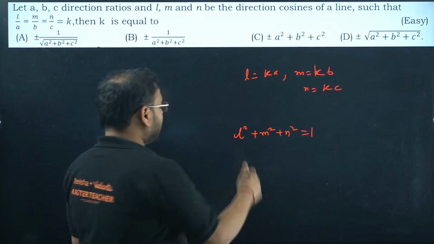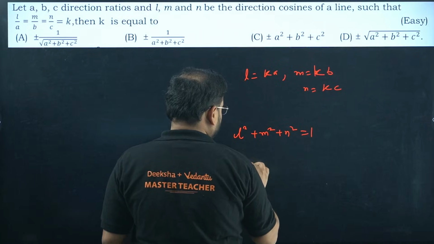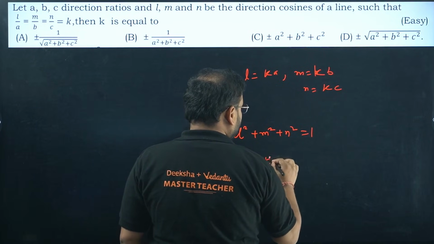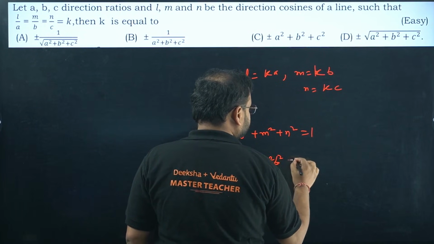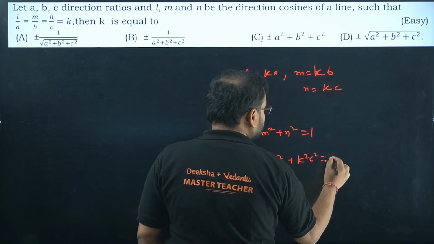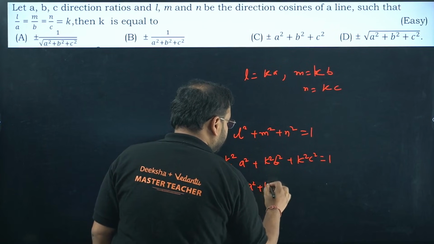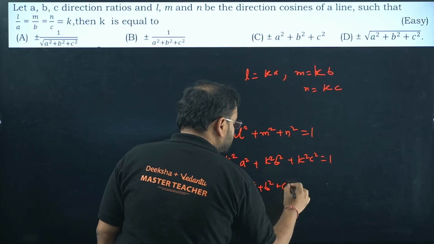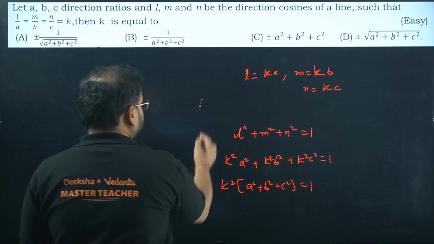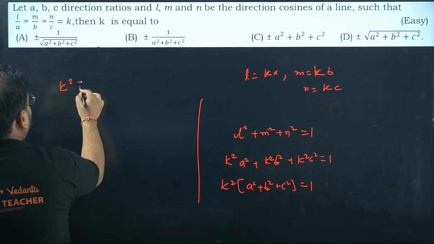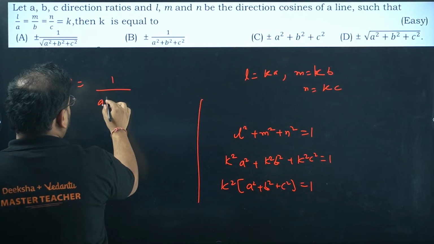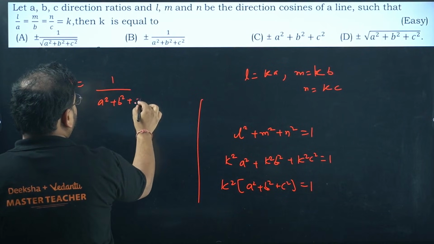Now we'll put in the values: K square A square, K square B square, and K square C square equals 1. We'll take K square common. I have here A square plus B square plus C square equals 1 upon K square. So K square equals 1 upon A square plus B square plus C square.